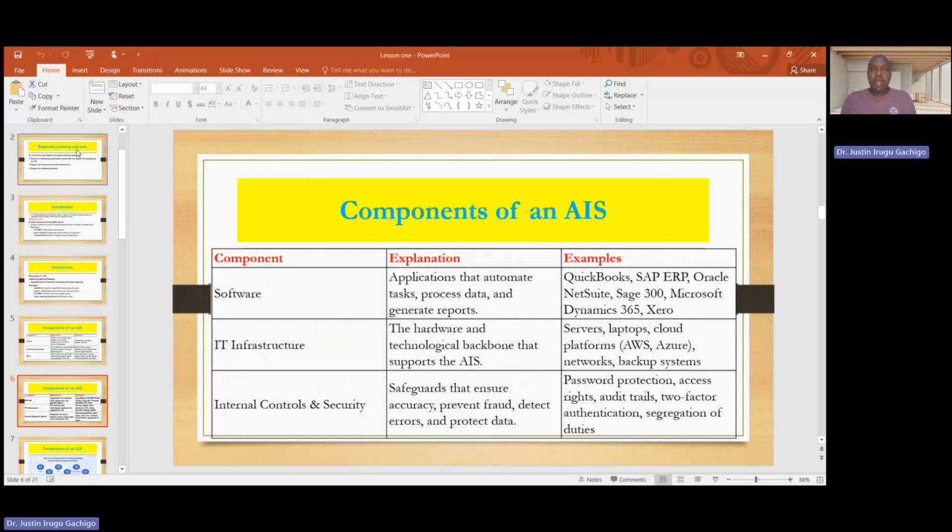There are some components of AIS that you cannot access. For example, if you are in accounts, you may be restricted from accessing the payroll, which is reserved for HR. Audit trail: this means if you do a particular activity, for example, you post a journal, yeah.